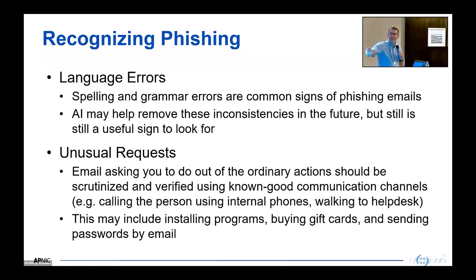AI may help to remove these inconsistencies, but it's still a useful sign to look for. And I say it's still a useful sign to look for. This is interesting. There's been a little bit of research into this, but it's hard to get conclusive because it's hard to contact the scammers to find out why they're doing certain things.